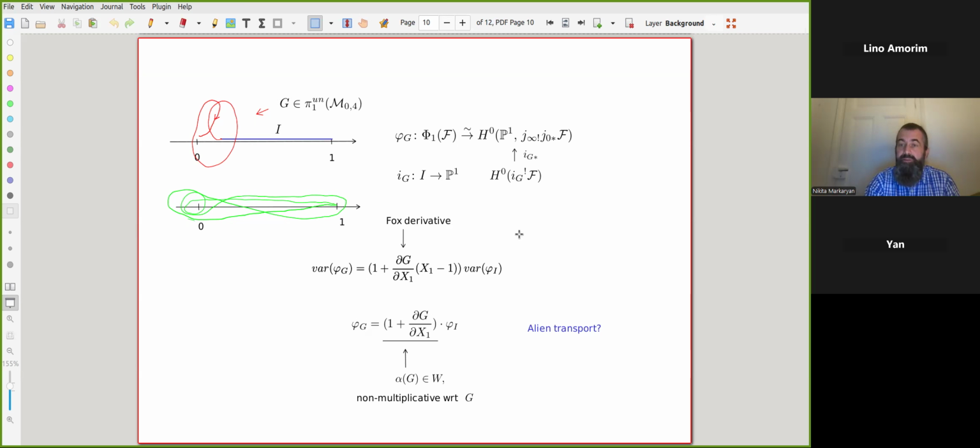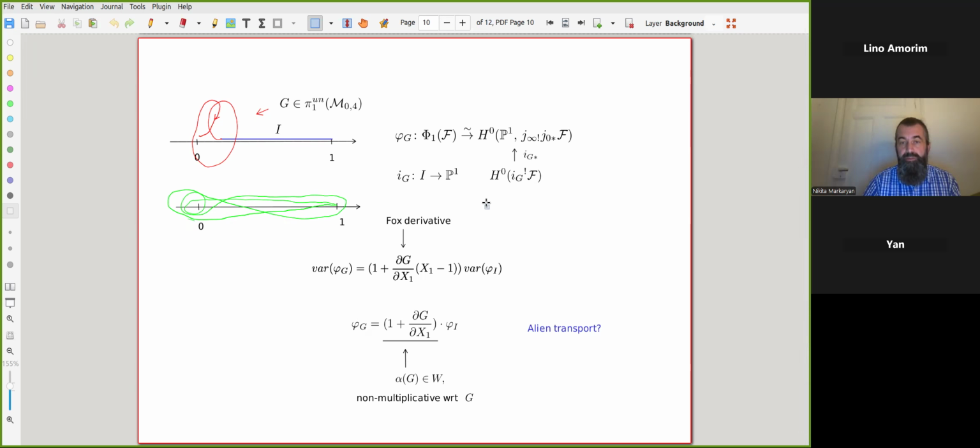So what is Fox's derivative? It's just a definition. Maybe I should write it down.